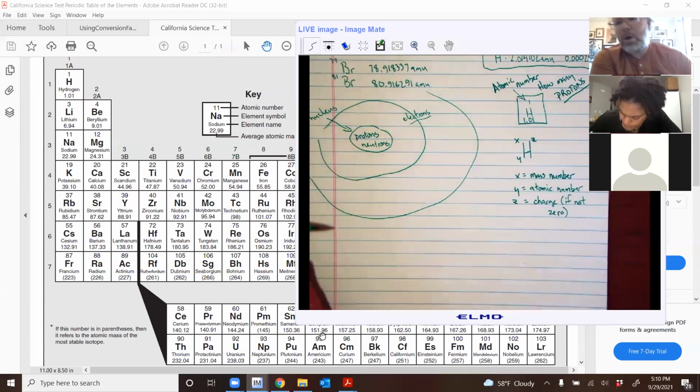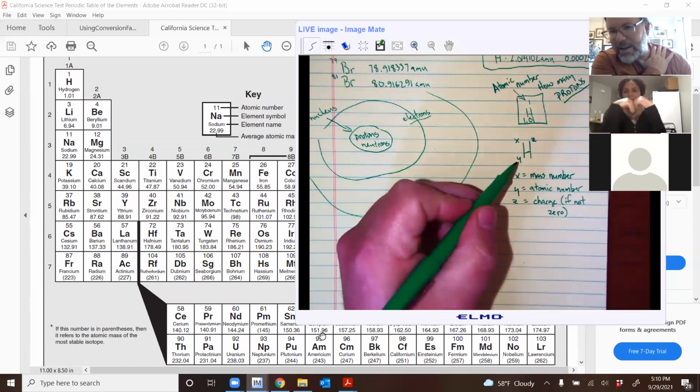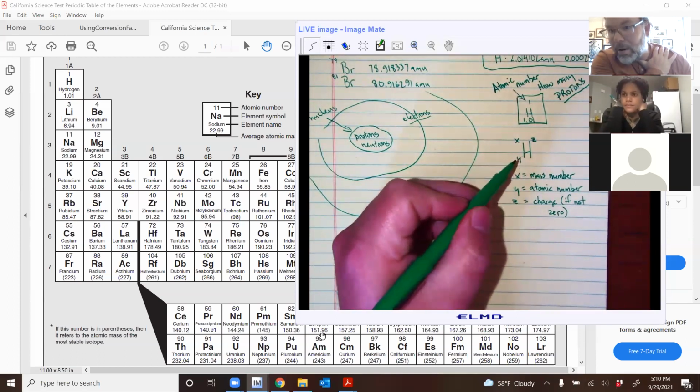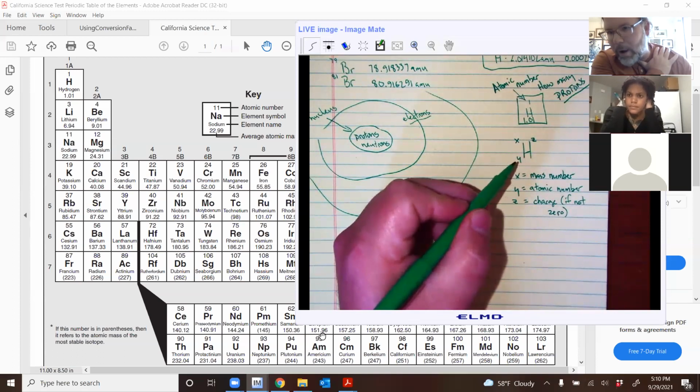All right. So let's look at a very simple hydrogen atom. And very often this Y is not present at all. And the reason why is because the element symbol tells us what that atomic number is anyway. The fact that this is hydrogen right here tells us that the atomic number has to be 1.